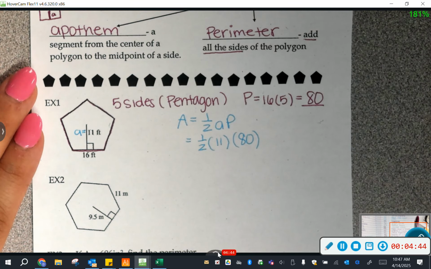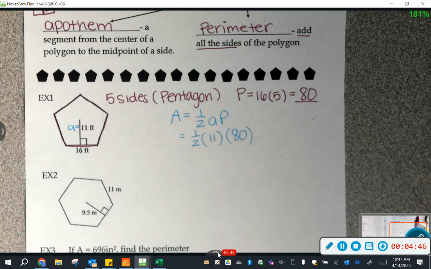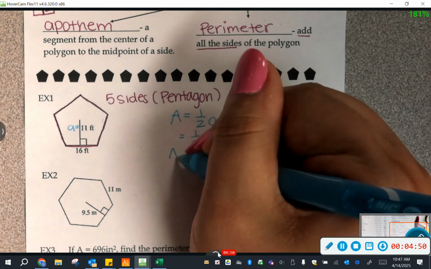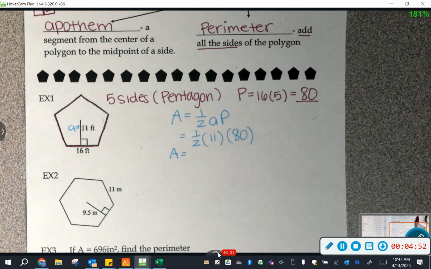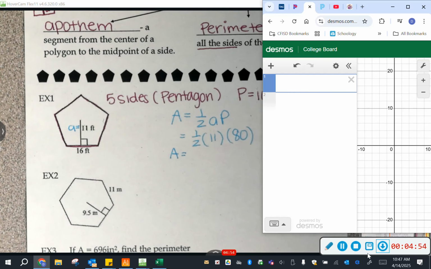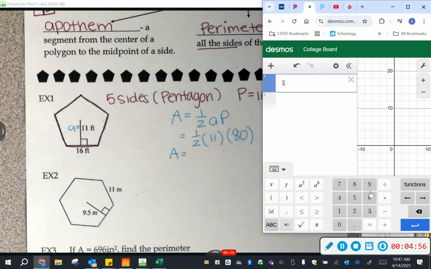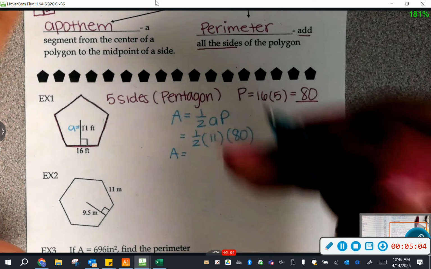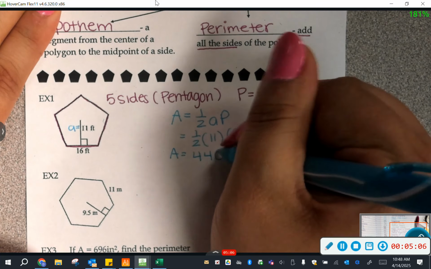And then what do I need to do? Just put it in the calculator. What is 1/2 times 11 times 80? It is 440 feet squared.